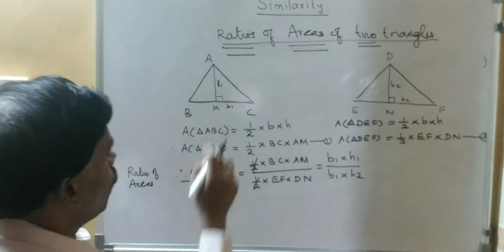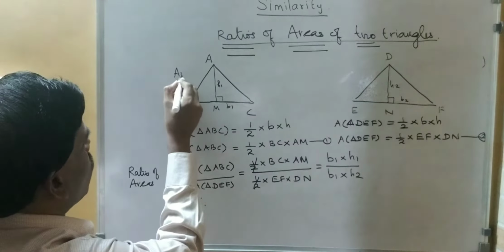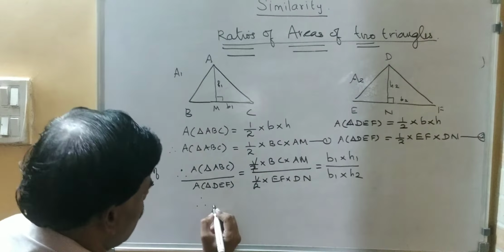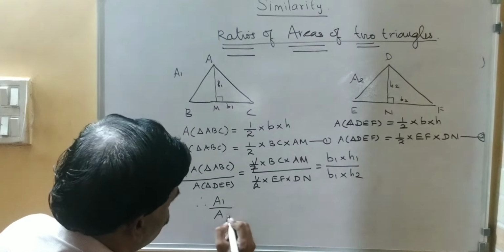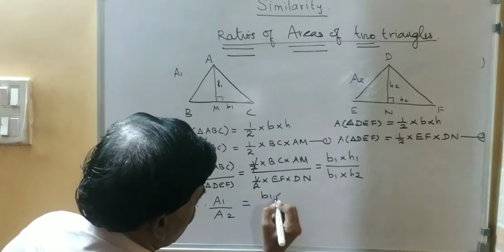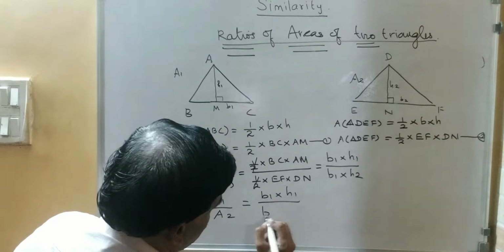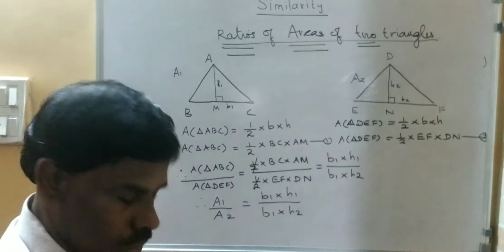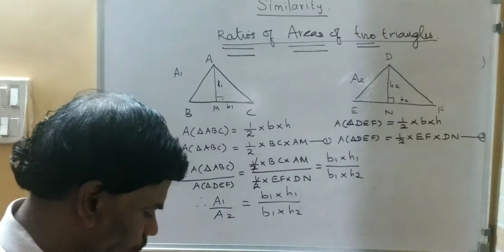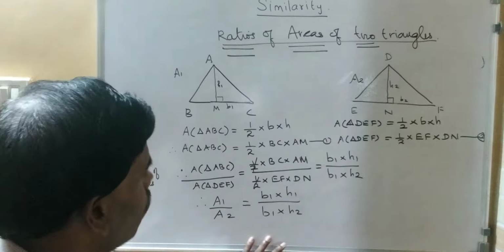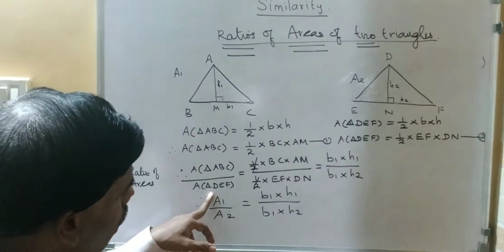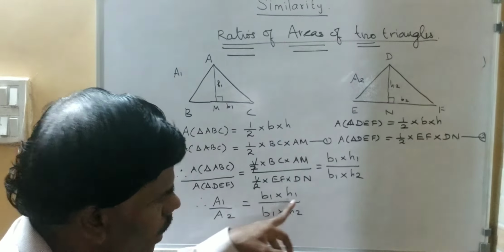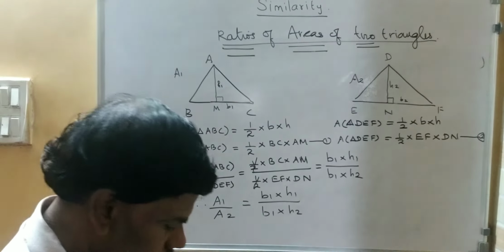Therefore, if the area of this triangle is A1 and the area of this triangle is A2, then we can say A1 upon A2 equals B1 into H1 upon B2 into H2. This is the theorem: the ratio of areas of triangles is equal to the ratio of the product of their base and height. That's all.